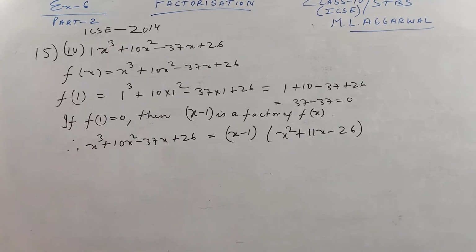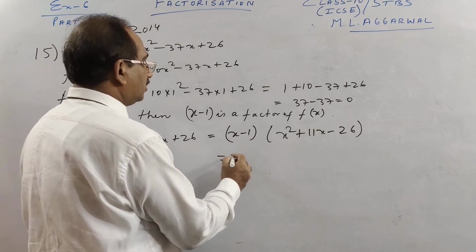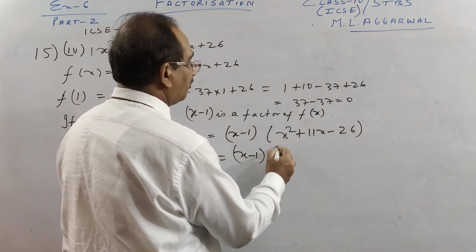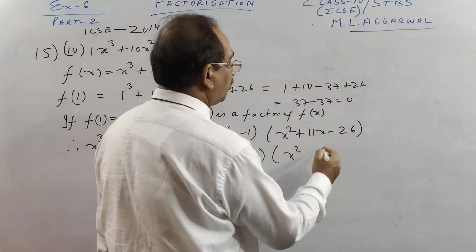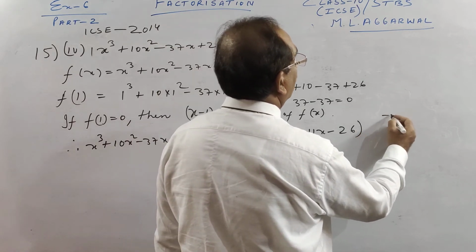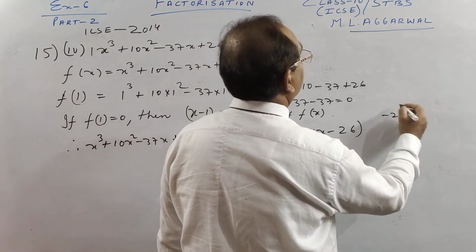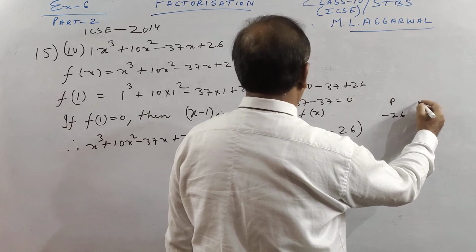Now we move on to the final step where you will get 1 mark if you do this. For x square plus 11x minus 26, the product of two numbers should be minus 26 and the sum should be 11.